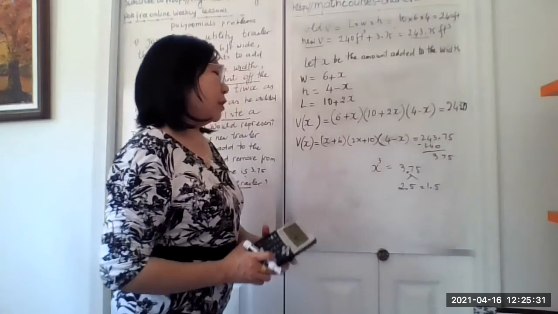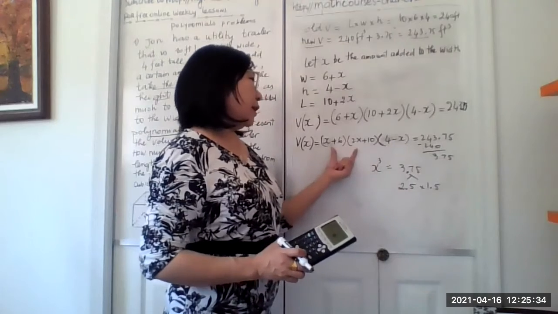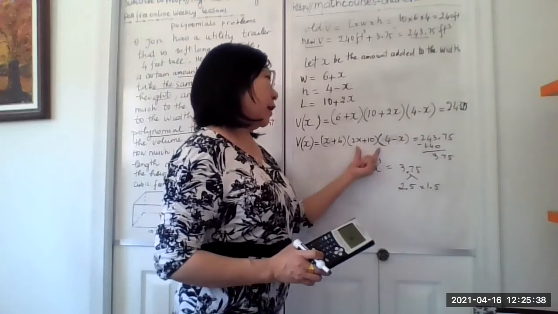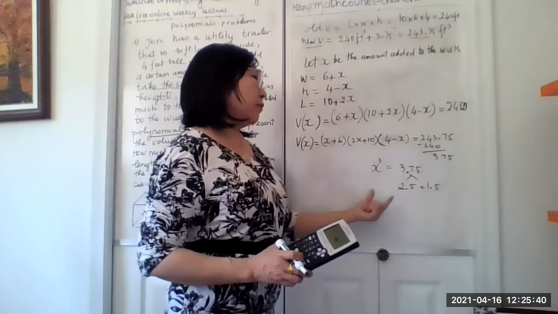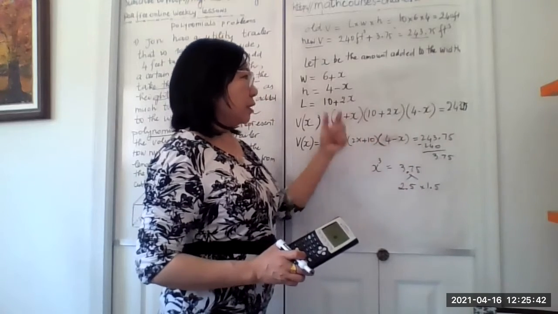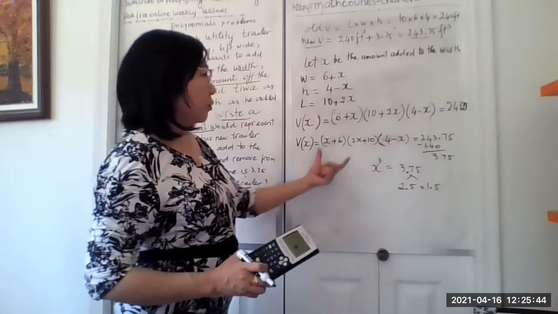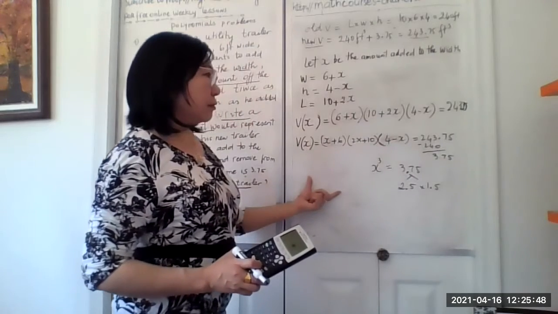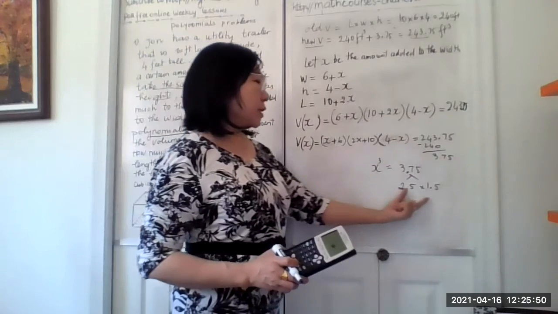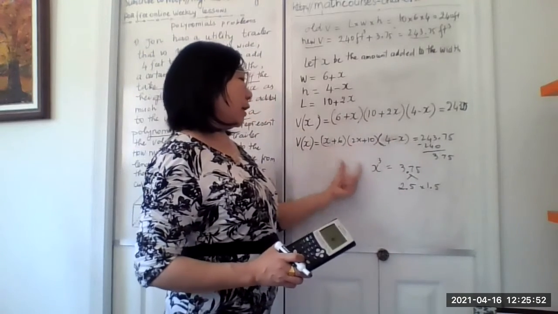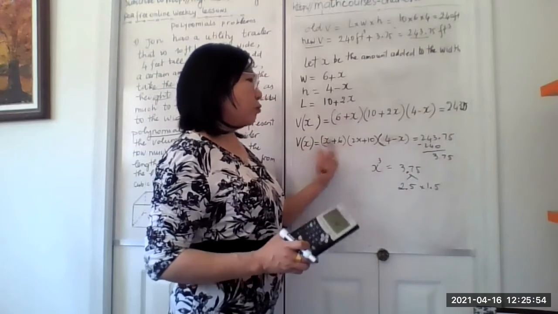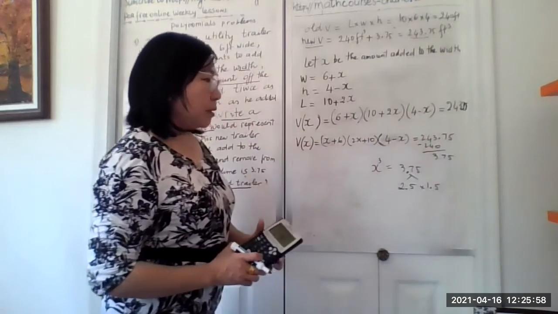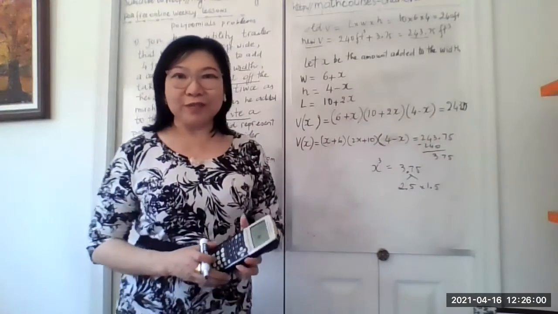If I substitute 2.5 and it doesn't work out, then I can substitute 1.5. Try this first before you try the huge numbers. So leave them in the brackets like this, it's easier. As long as you put x equal 1.5 in here and it works out, or x equal 2.5 and it works out, then the left side equals the right side, and the problem will be solved.